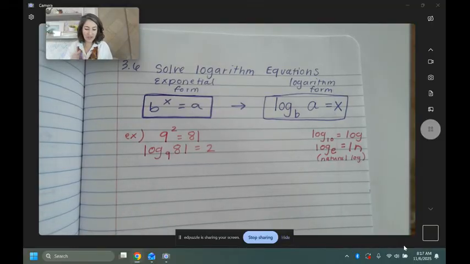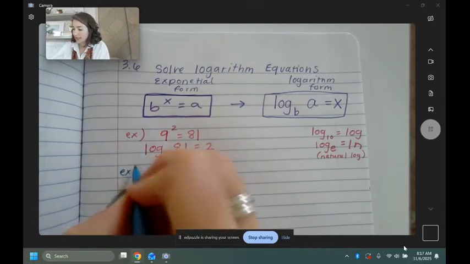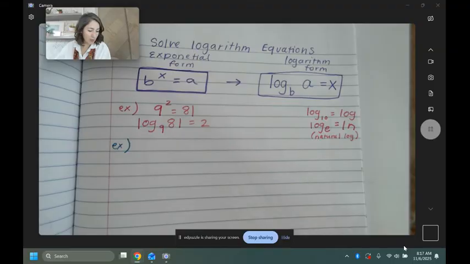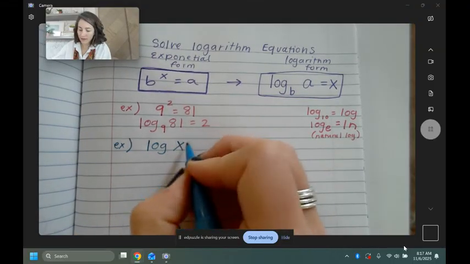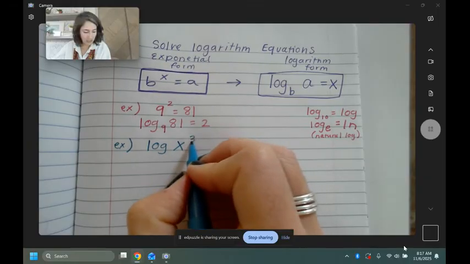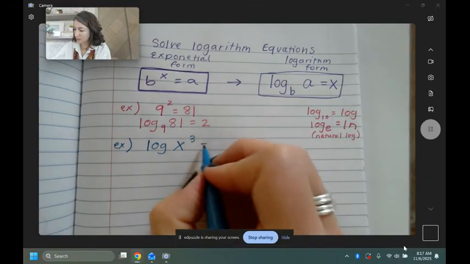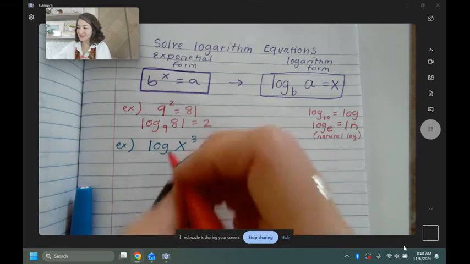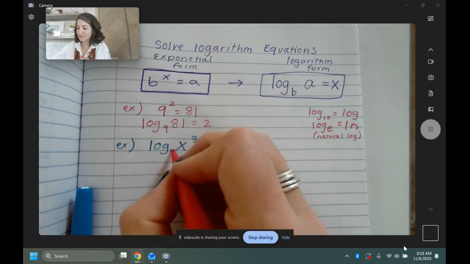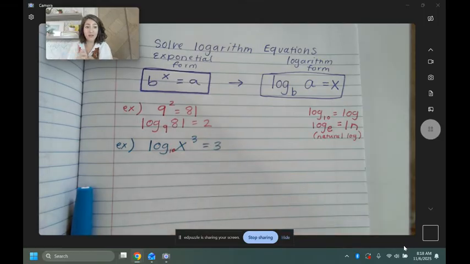If you've got a problem with just one logarithm in it, for example, log of 10 x to the third equals 3. Now, right away, reminder, this is really log base 10, right? But if there's just one log in your problem, rewrite it as an exponential form.